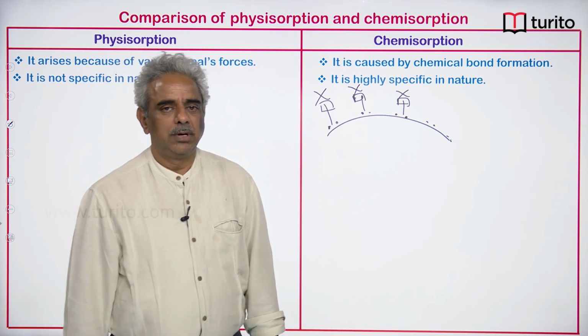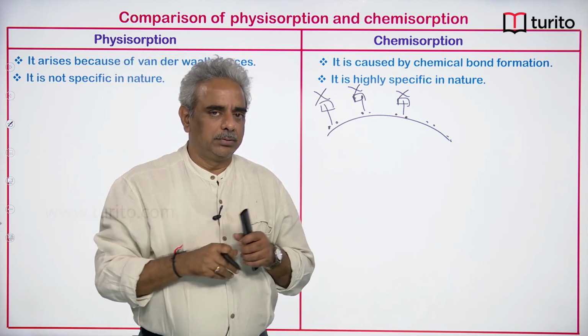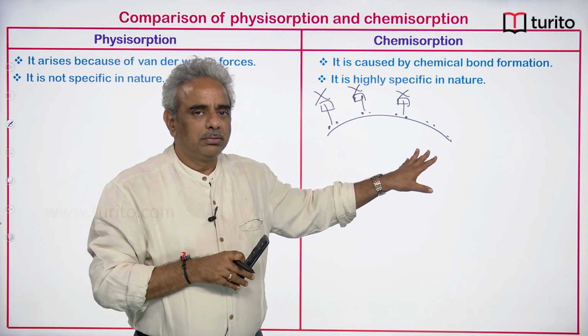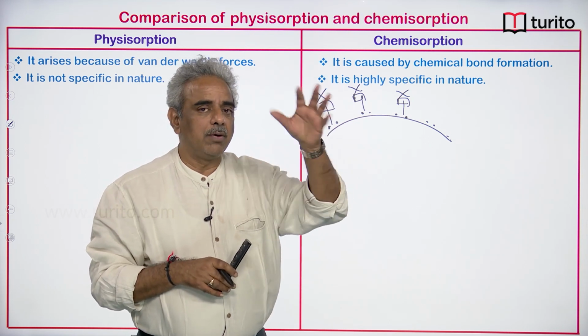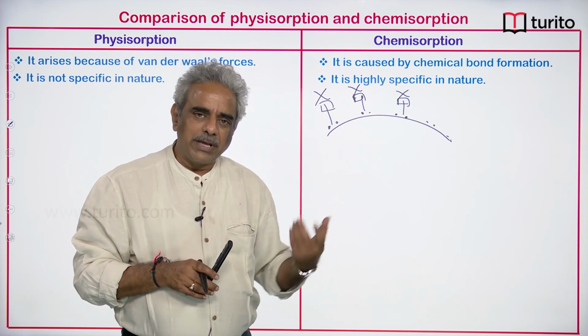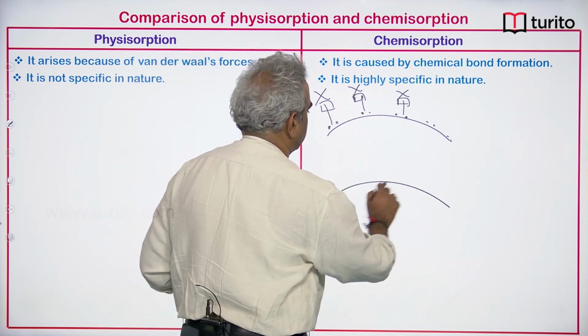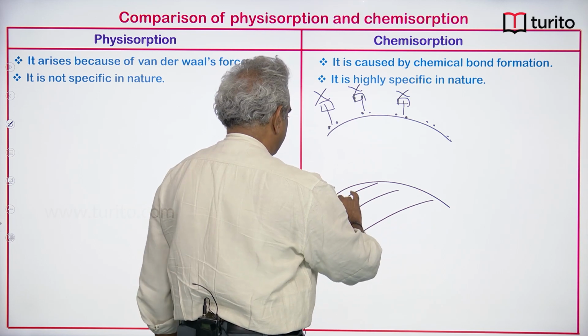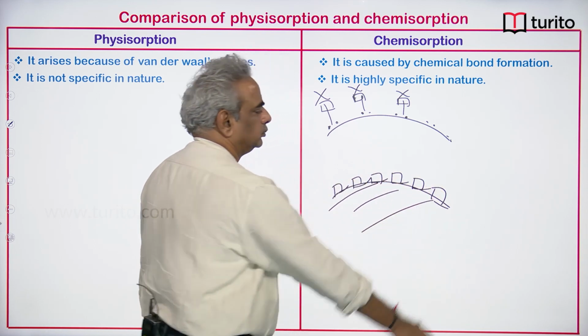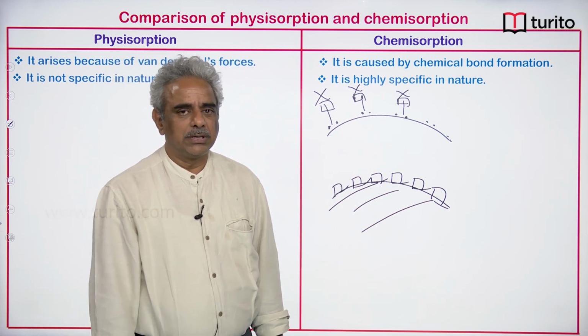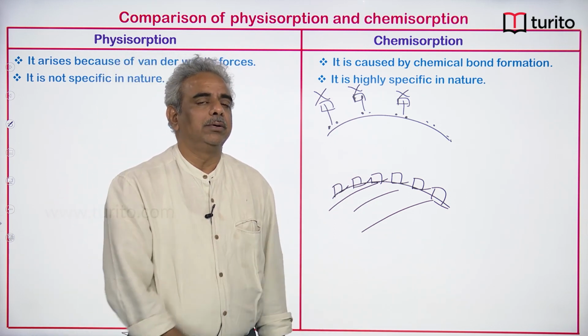That is possible. It means what? It is highly specific. It will keep a condition. My particles are having lone pairs, so the adsorbate must have a vacant orbital, or vice versa. Suppose the surface is having vacant orbitals, the particles on the surface are having vacant orbitals, whom will it attract?